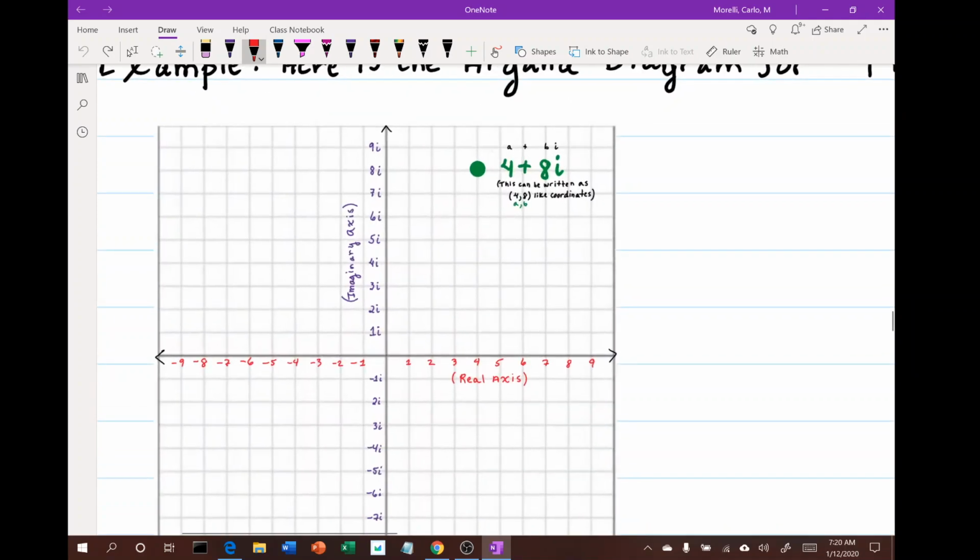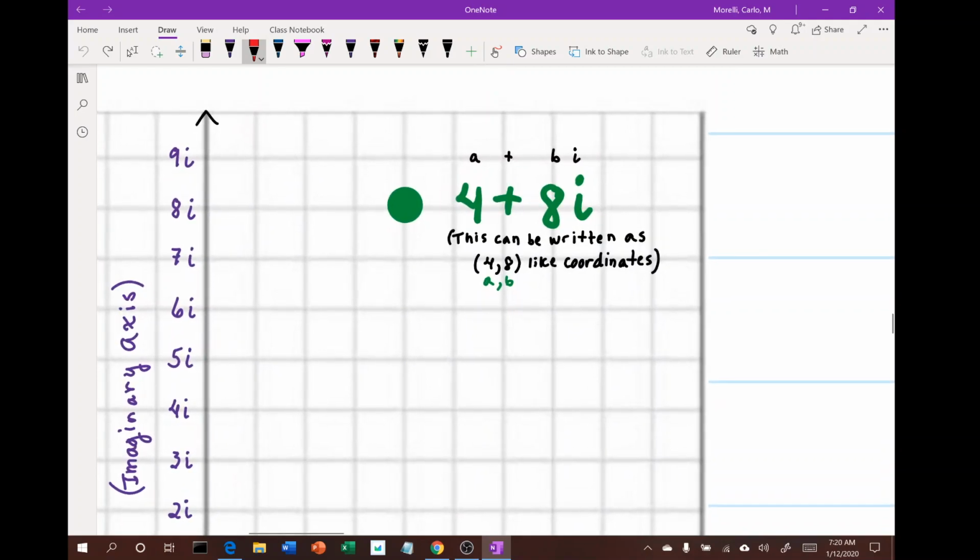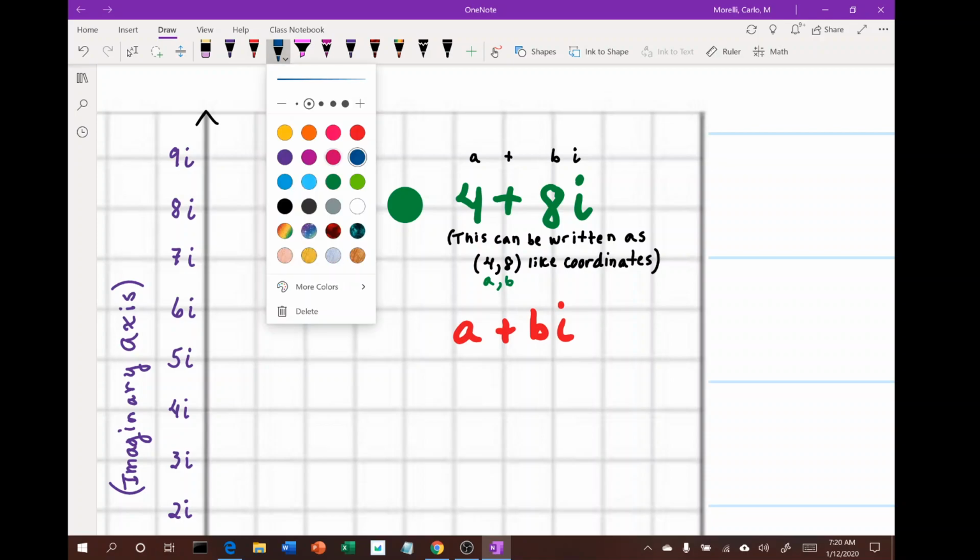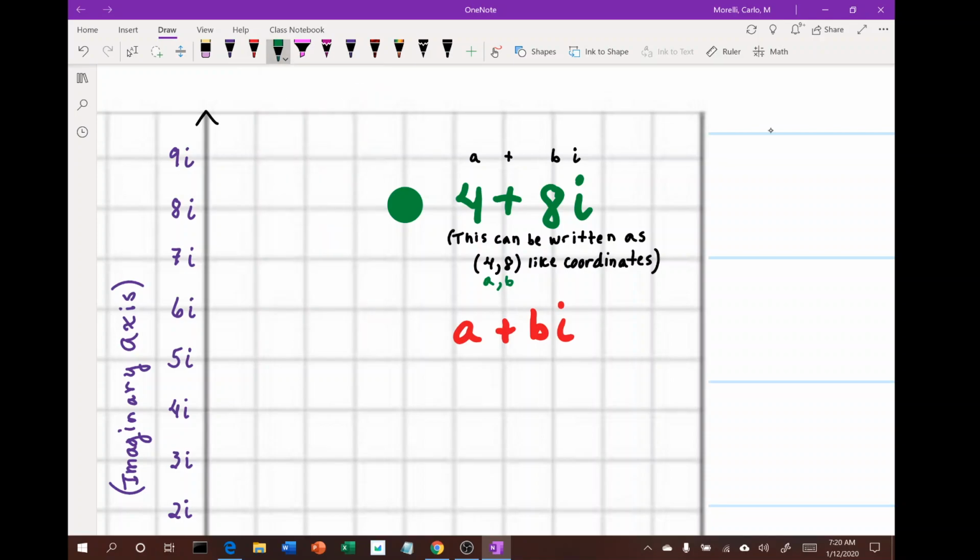So I even say here, remember the standard form is a plus bi. Okay, so here the 4 is the a, and the 8 is the b.